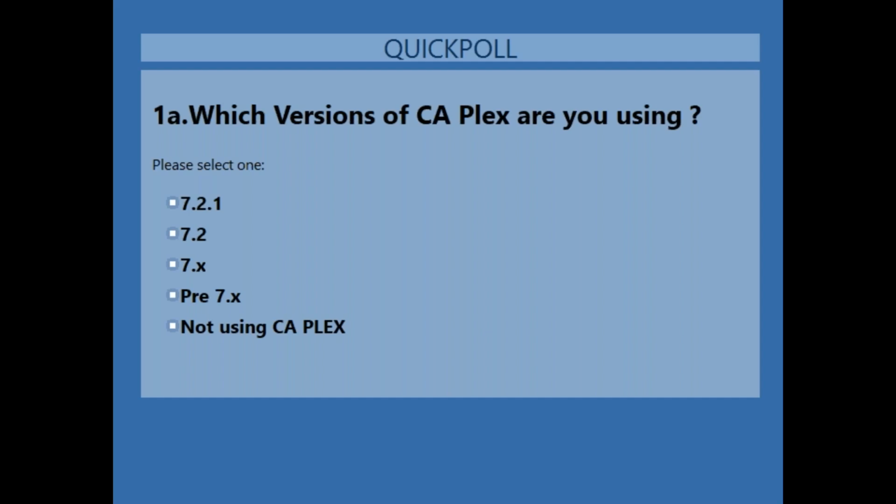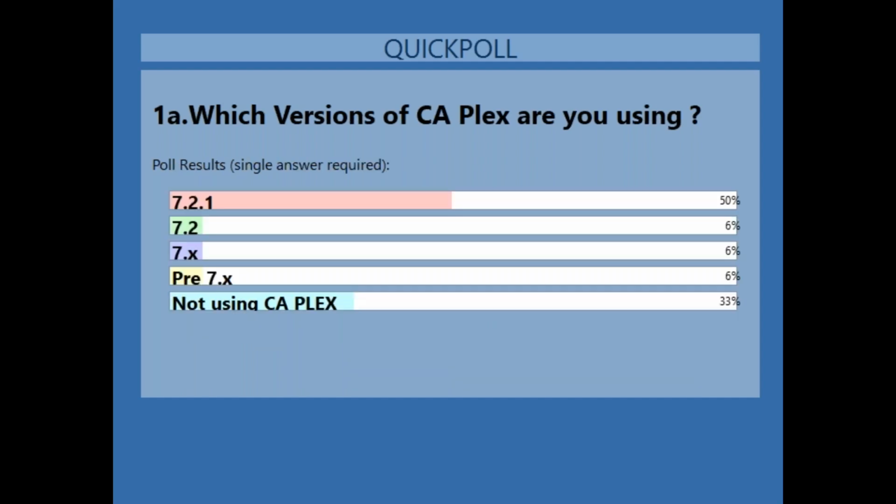Question 1A is Plex only. Okay, half of you who responded are using 7.2.1, and then much smaller amounts on some of the early versions. And obviously some of you aren't using CA Plex because you're probably a 2E user.